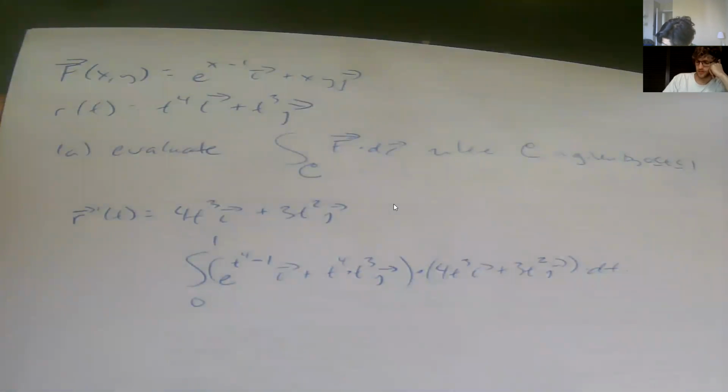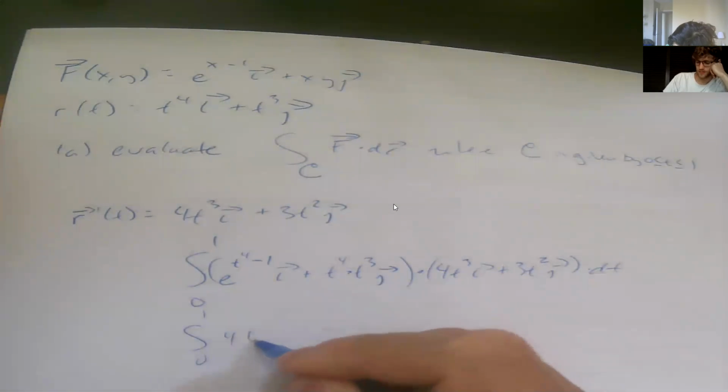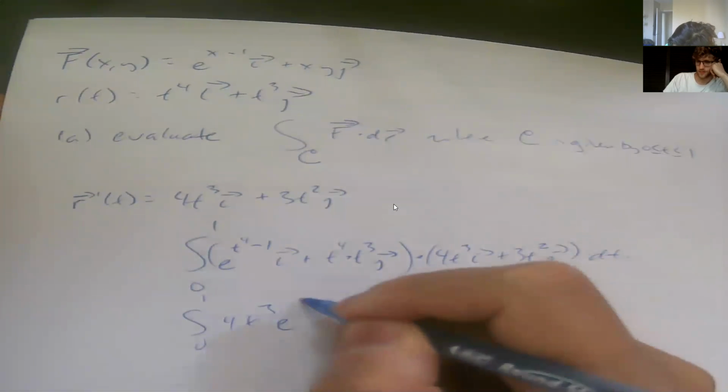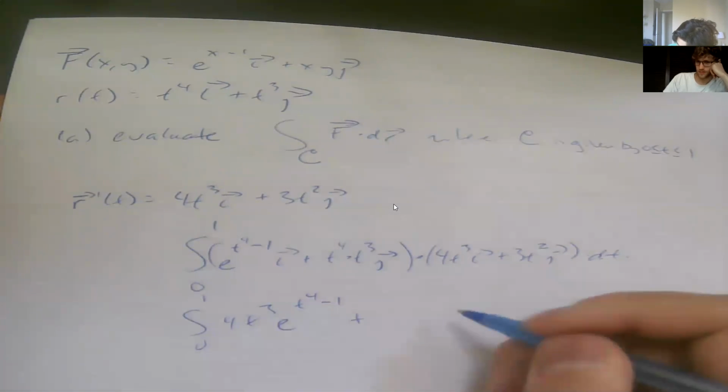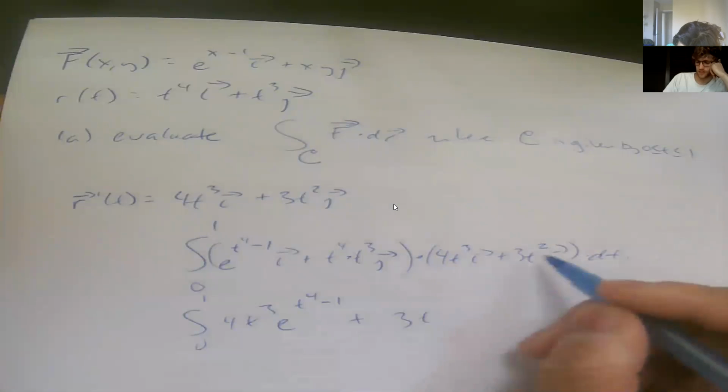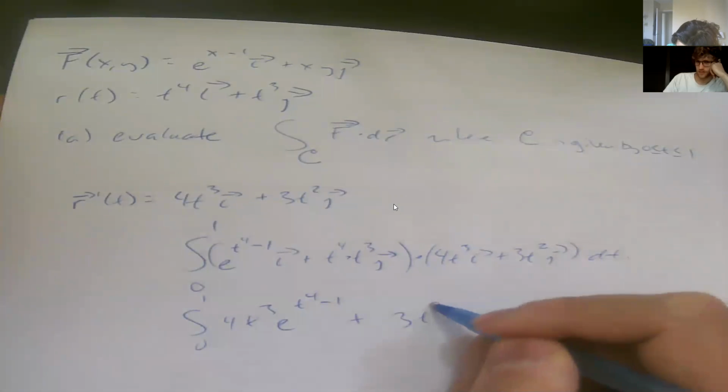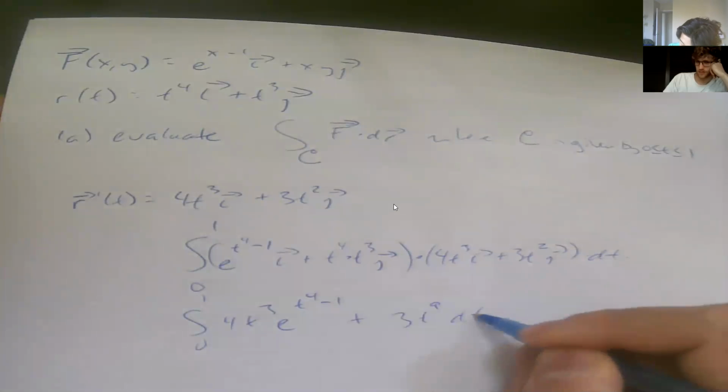Okay. Take the dot product. I get 4t cubed e to the t to the fourth minus 1 plus 3t to the ninth, dt.